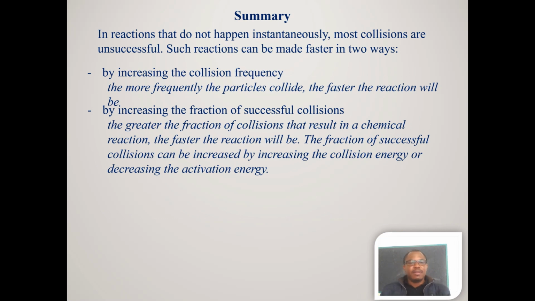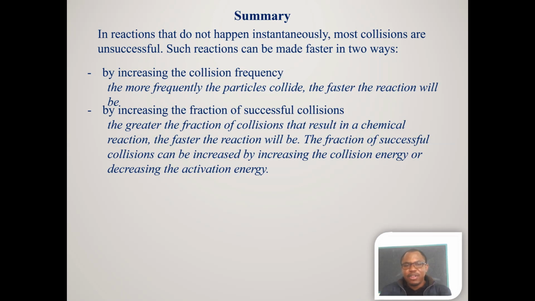In summary, in reactions that do not happen instantaneously, most collisions are unsuccessful. Such reactions can be made faster in two ways. One, by increasing the collision frequency. The more frequently the particles collide, the faster the reaction will be. Two, by increasing the fraction of successful collisions.